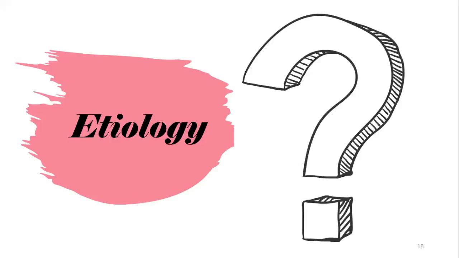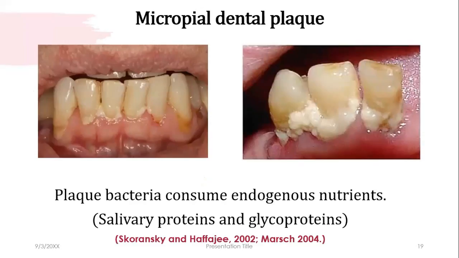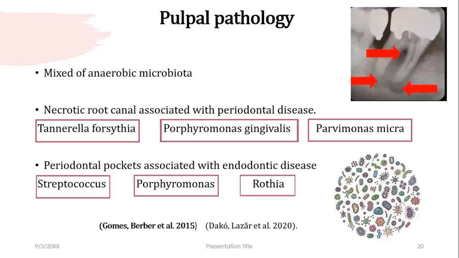For sure, there are a lot of causative factors like microbial dental plaque, consuming endogenous nutrients like salivary proteins and glycoproteins. I also mean endo-perio or perio-endo lesions, which are associated with huge variations of anaerobic bacteria, especially when the necrotic pulp has gone a long time without treatment.